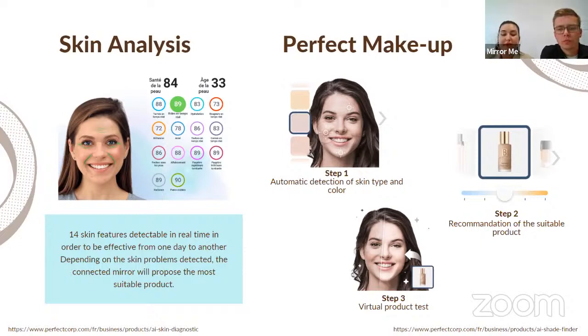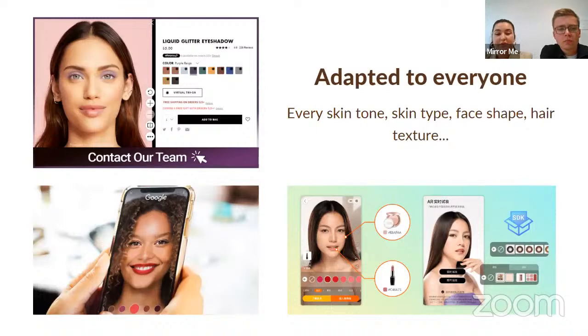The objective is to be able to give personalized recommendations, as well as an analysis over time of the evolution of the skin. The added value of our mirror is that it only offers products from eco-friendly or sustainable brands. It is important for us to mention that our product is inclusive. It has the ability to recognize and advise any type of skin, face, or hair.